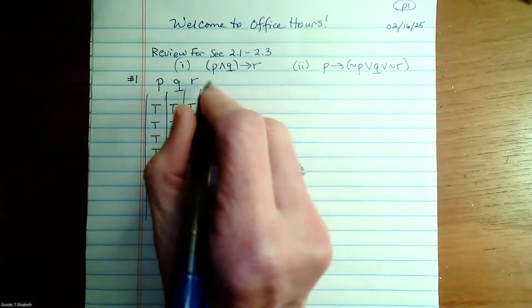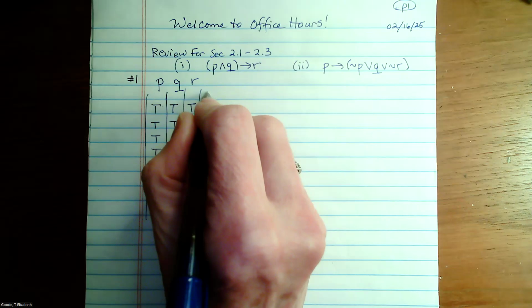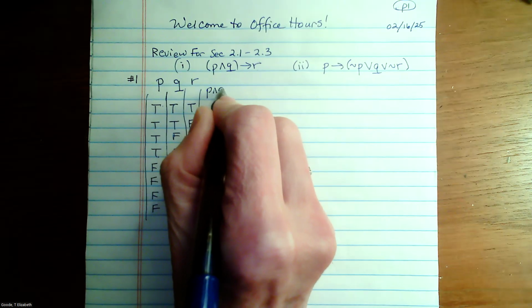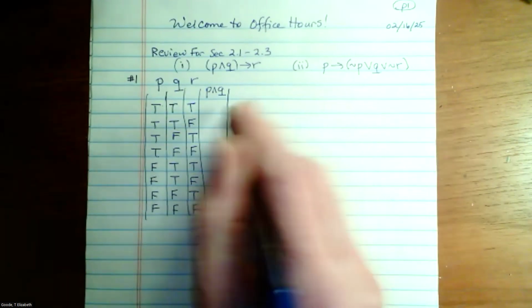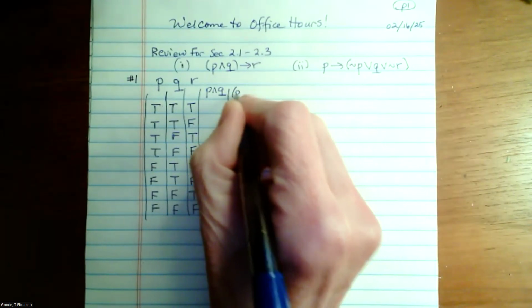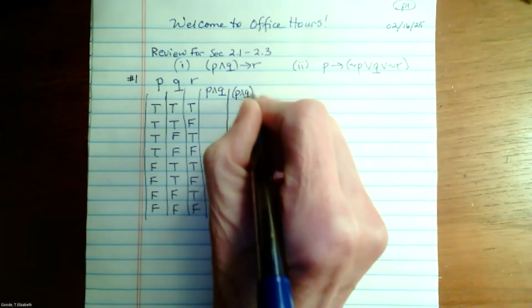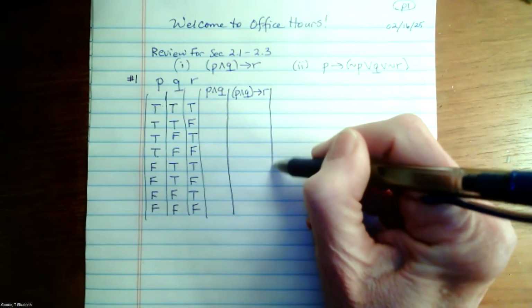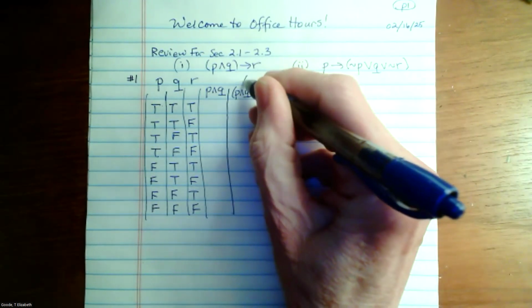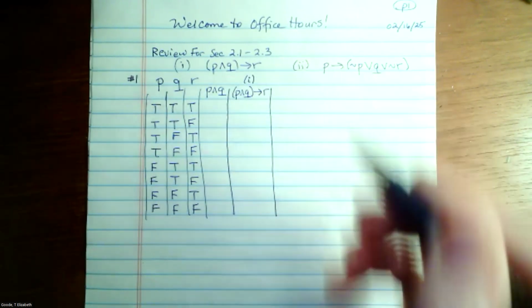All right. So we're going to need the column for P ANDed with Q. Once we have that, we can say, okay, P and Q implies R, and that'll be number one. See how I'm just trying to work my way up to it?